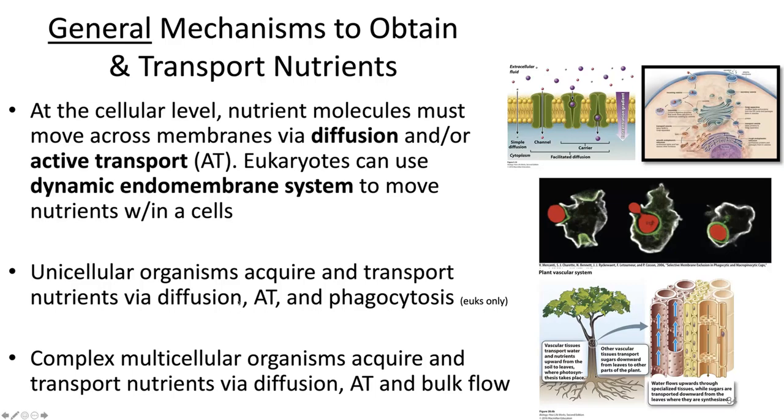Nutrients get into and out of those individual cells through diffusion and active transport, and then nutrients and waste are transported throughout the entire organism through bulk flow. For example, we talked about the vascular tissues in plants that move sugars, water, and nutrients all through the plant so that those nutrients can get to every single individual cell.